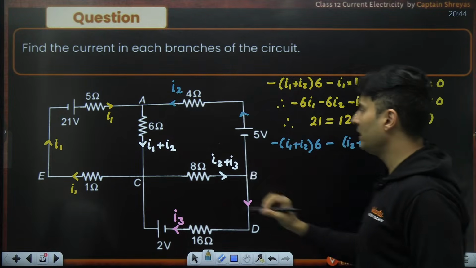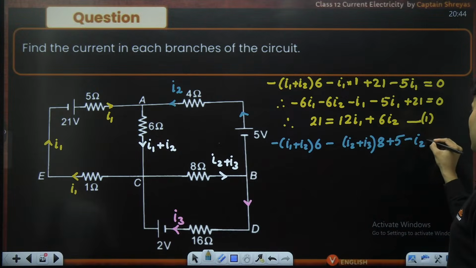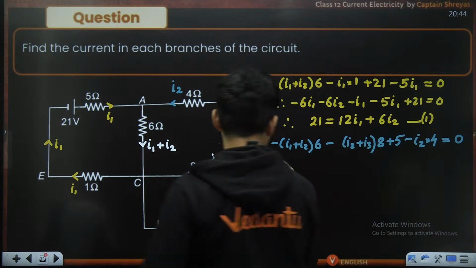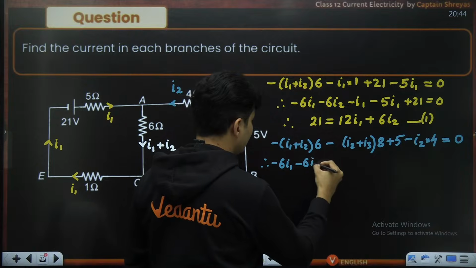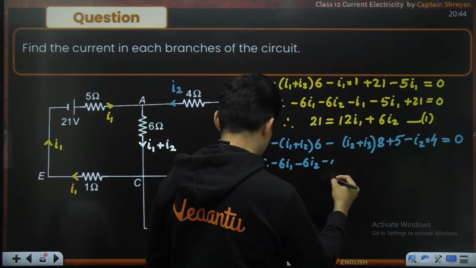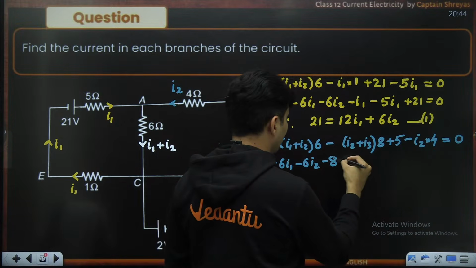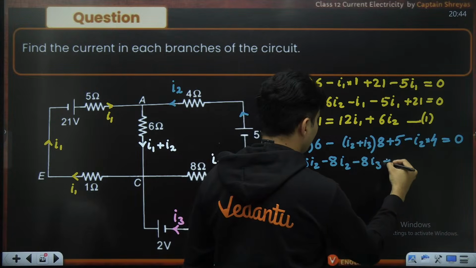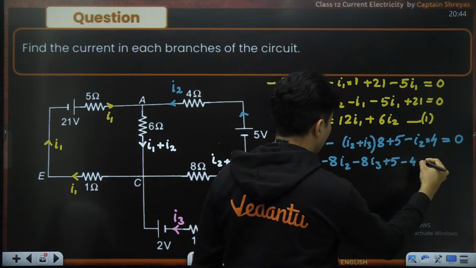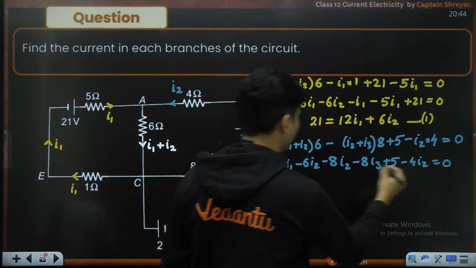In the direction of the current, it drops. So minus I2 multiplied by 4 is equal to 0. Again, just open up the brackets a little. Minus 6 I1 minus 6 I2 minus 8 times I2 minus 8 times I3 plus 5 minus 4 I2 is equal to 0.